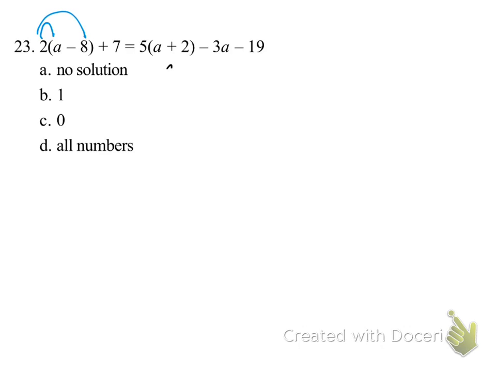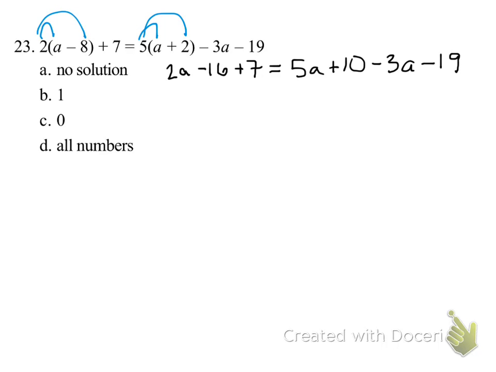That gives us 2A minus 16 plus 7 equals, distribute, 5A plus 10 minus 3A minus 19. Now I'd like to combine some like terms, anything that's in common on both sides. Remember, this is staying on its side, so all we do is using the sign in front of it, combine.